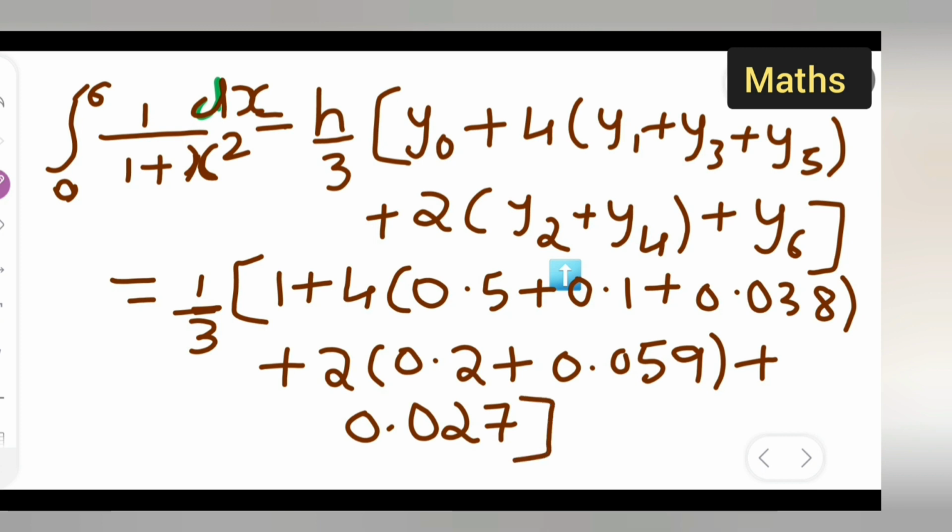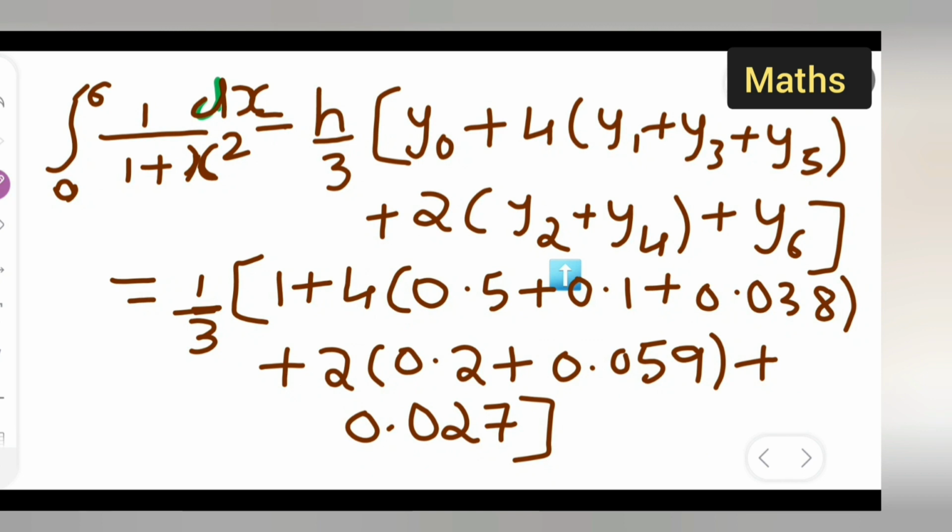The next thing is, write 1 upon 3 as it is. Okay, so what you'll have to do is write down this 1 upon 3 as it is.